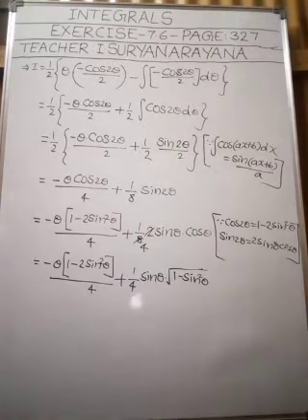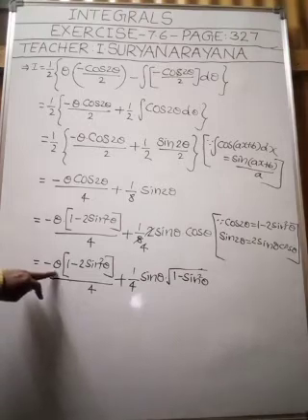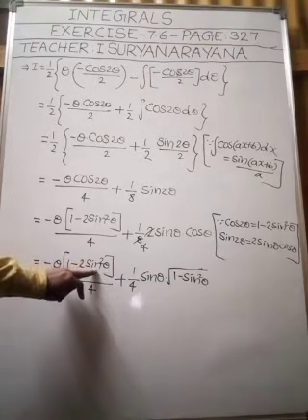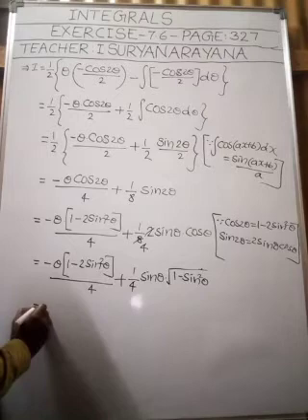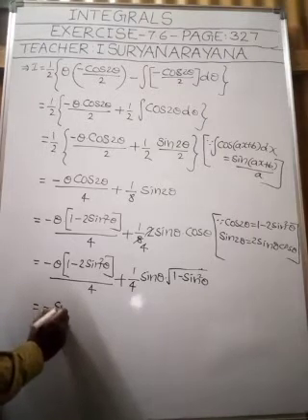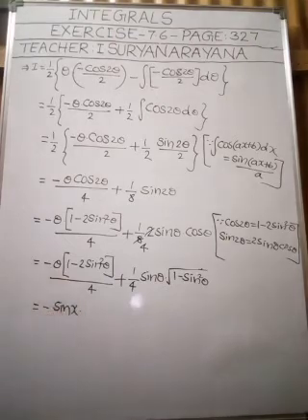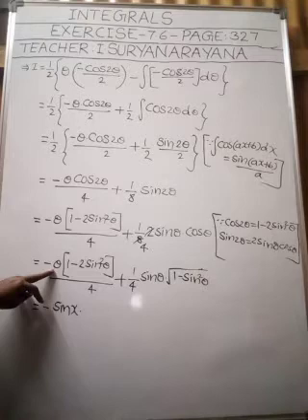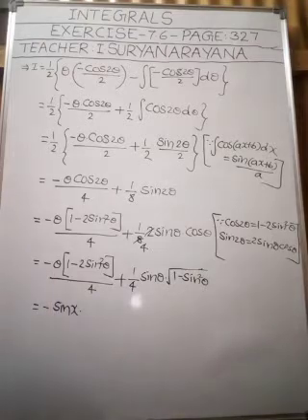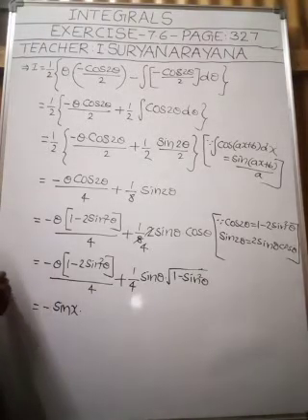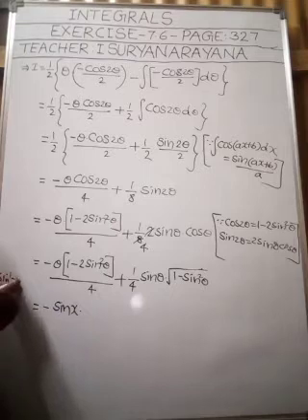Right. Now we substitute sin theta is equal to x. So minus sin x... at the beginning what we have considered, sin inverse x is equal to theta.